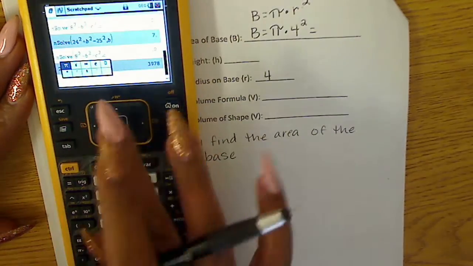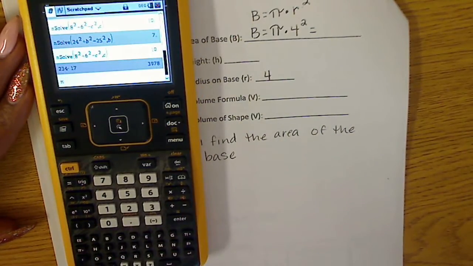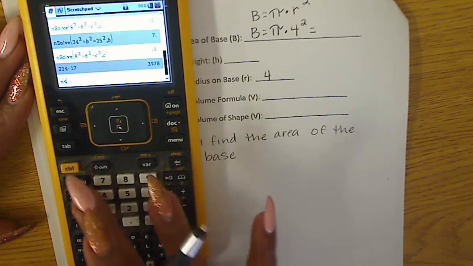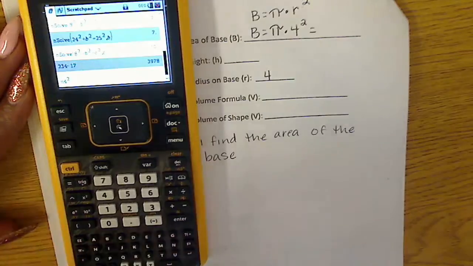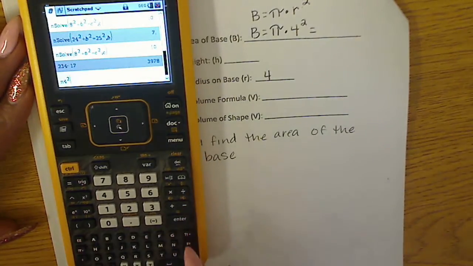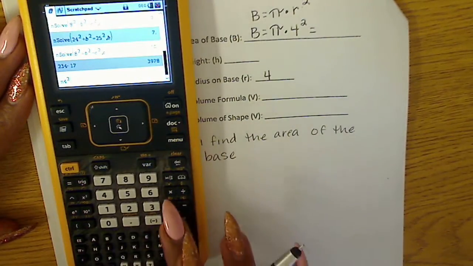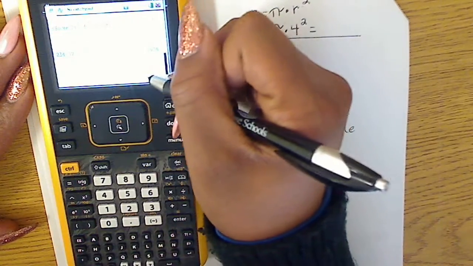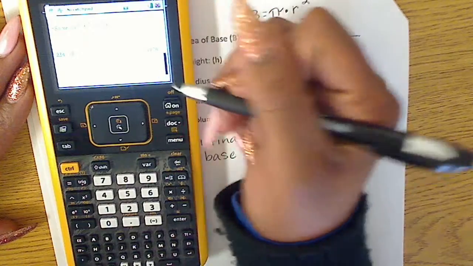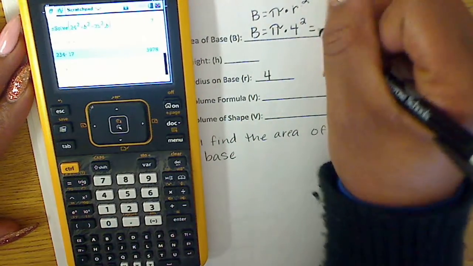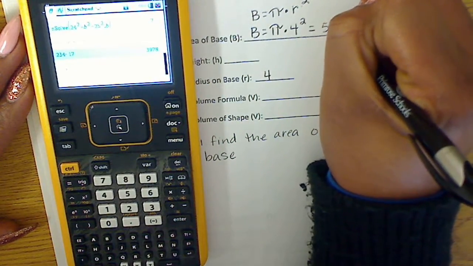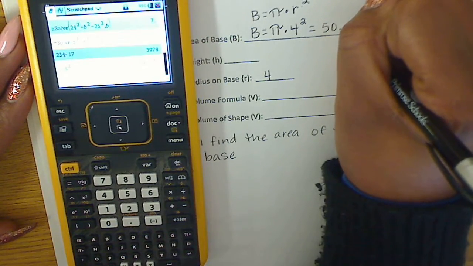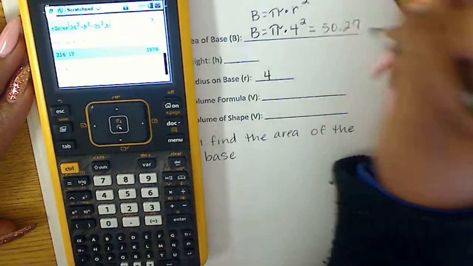Pi is the first one, and you're just going to hit enter again. And then you can just put 4 and then x squared, and you push enter, and you should get 50.2655. Do y'all get that? And we're going to round that to 50.27 because we want 2 decimal places.